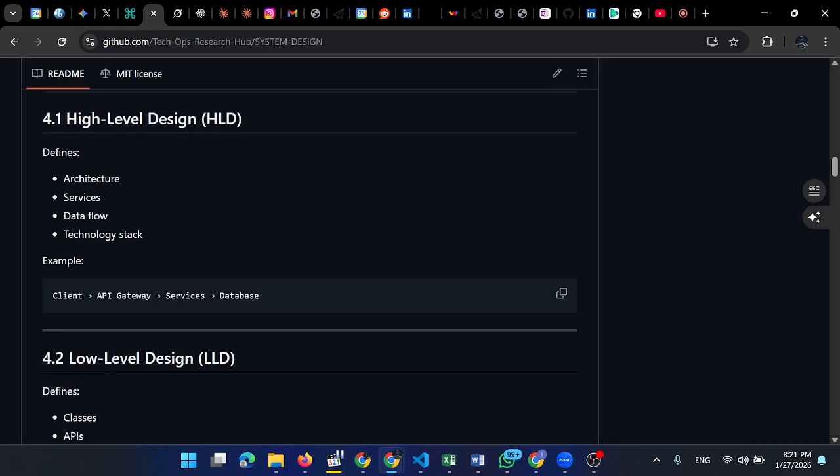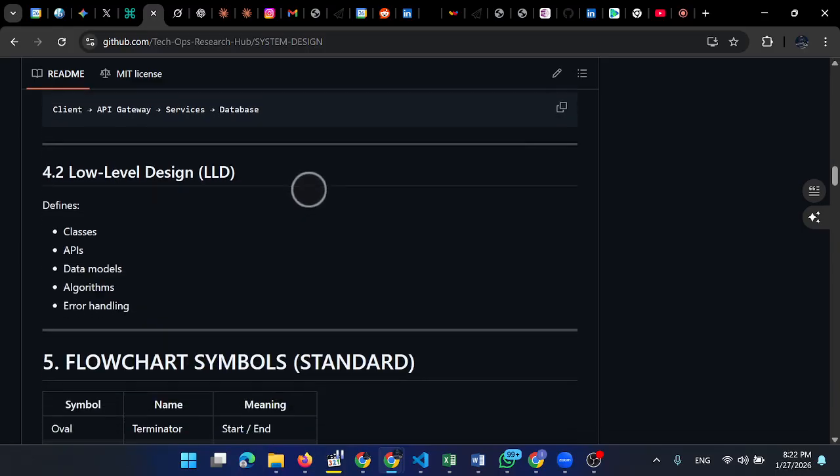Remember, we expect that the client, in one way or another, is inputting some data, and this data has to be passed through the API gateway. Then this API gateway has to prompt some services, and these services have to be prompted from the database and then reversed back to the client. That is how the architectural aspect looks like. So this is just a simple example of a high-level design architecture.